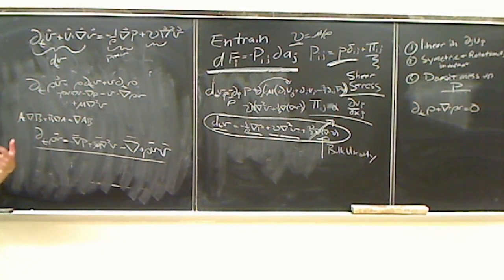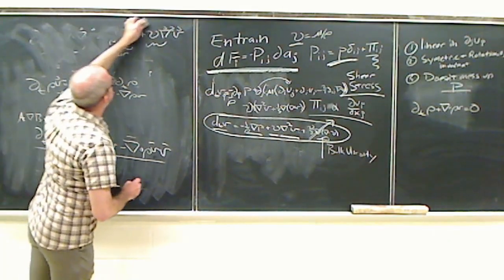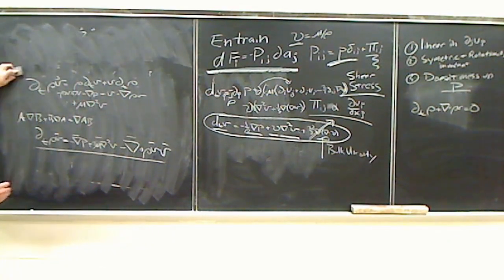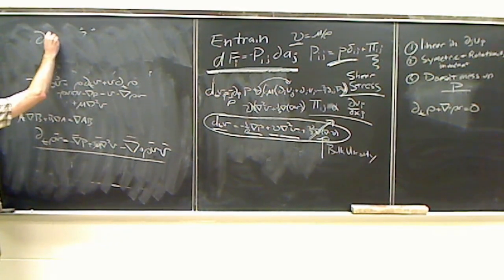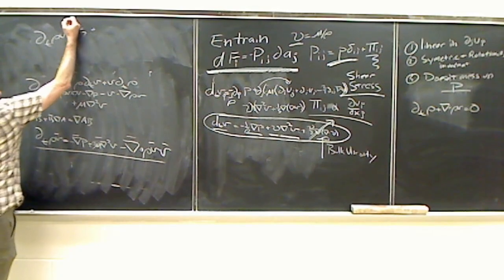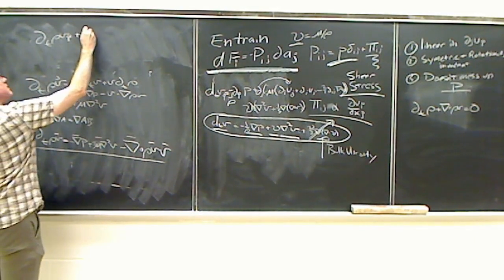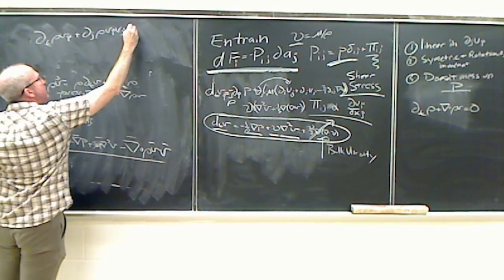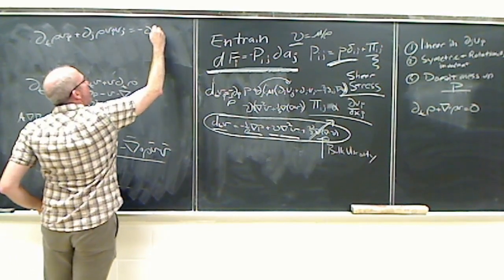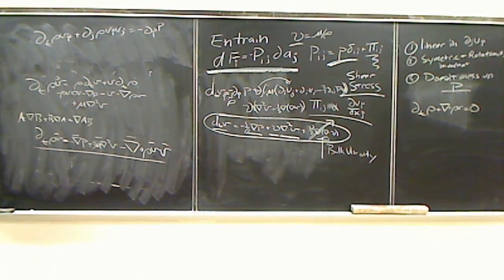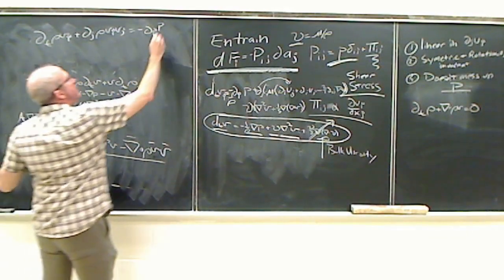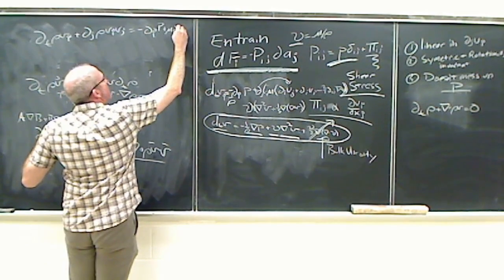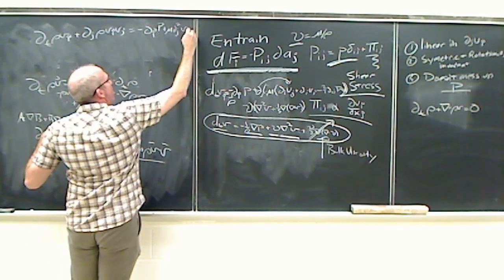The easiest way to think about this is thinking about the indices. So if you just do this with the indices, I'll write it up here so everybody can see it. d by dt of rho vi plus d by dj of rho vi vj equals minus di p plus mu dj squared vi.